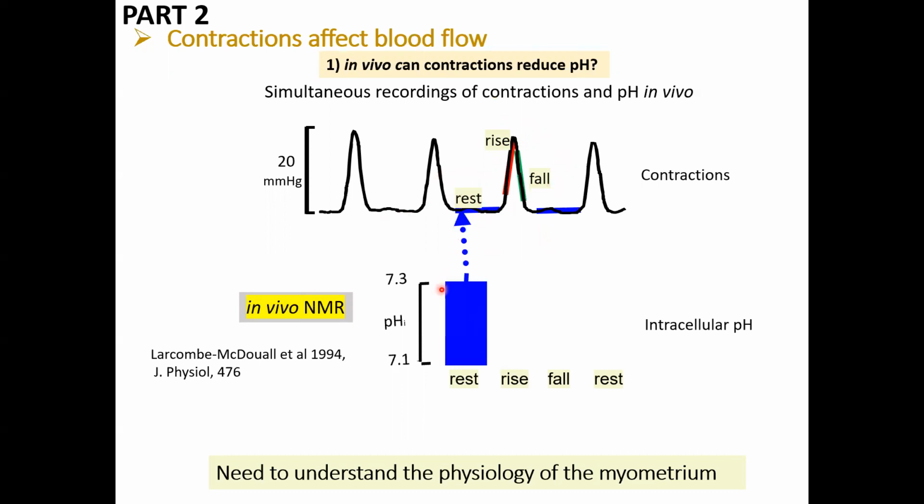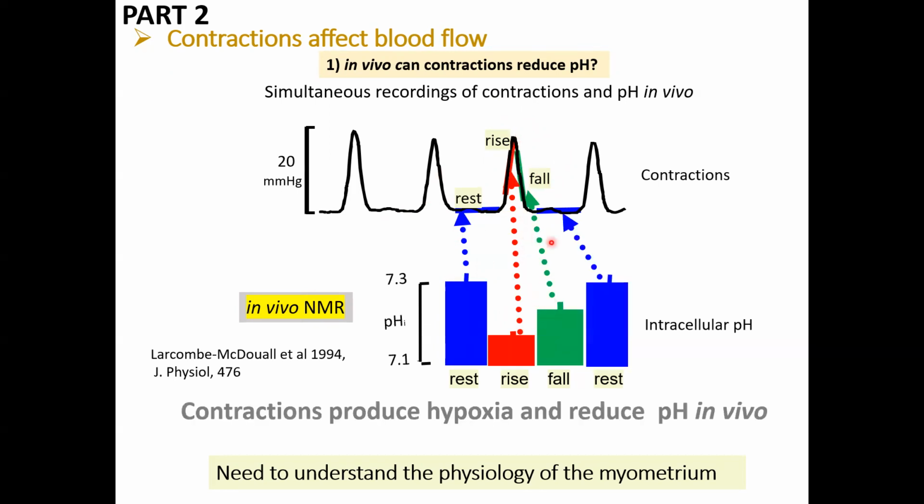So at rest, you can see this measurement of intracellular pH. As force develops and peaks, there's a significant decrease of intracellular pH in the myocytes. So it starts to relax on recovery, and during the equivalent of diastole, restoration of the pH to previous values.